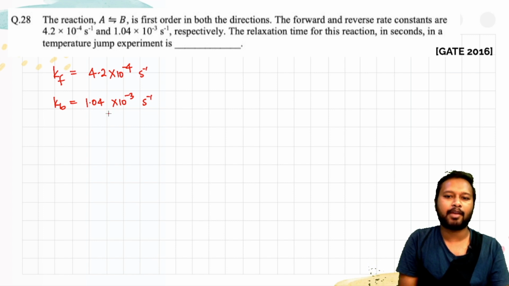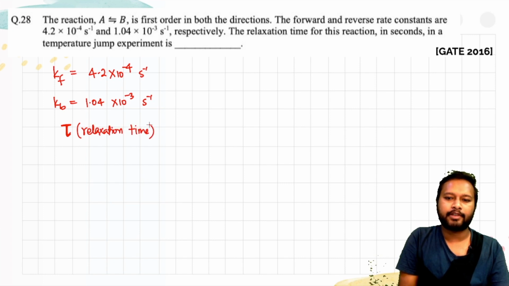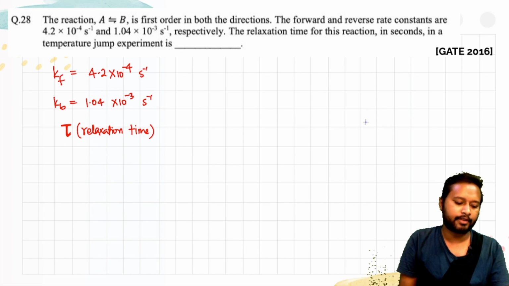The relaxation time of the reaction is being asked. So they are asking the relaxation time denoted by tau. Tau is called a relaxation time. Let's try to solve this.